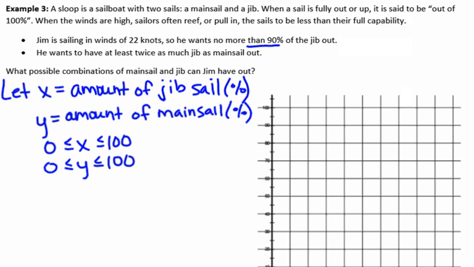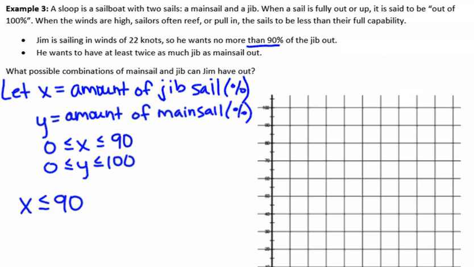So explicitly from the question we know 90, but normally if we were looking at percent we would say 100. So our x one we can actually change to 90. x is less than or equal to 90. We know that one. So our first inequality is x has to be less than or equal to 90.